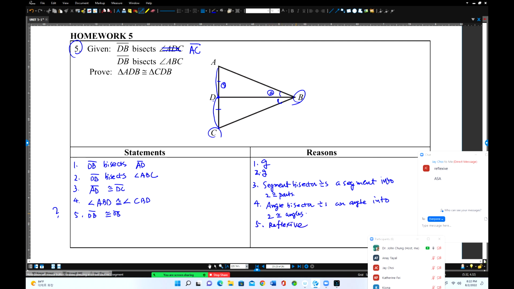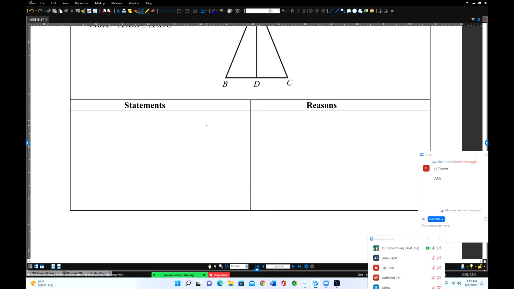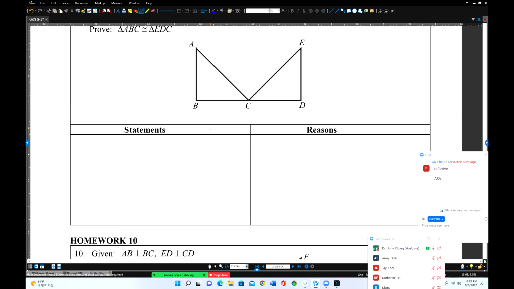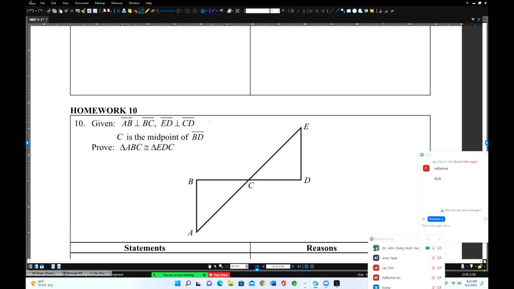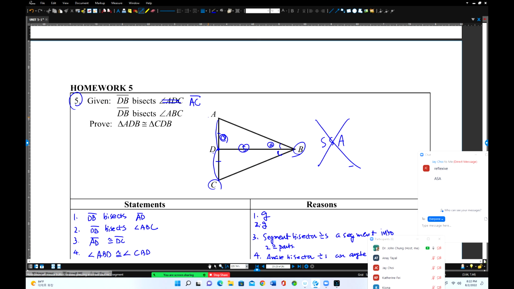There's something wrong, right? Because this side angle is not working. So I'm going to check this one and check our homework one more time. I'm going to give you only two questions for your homework.